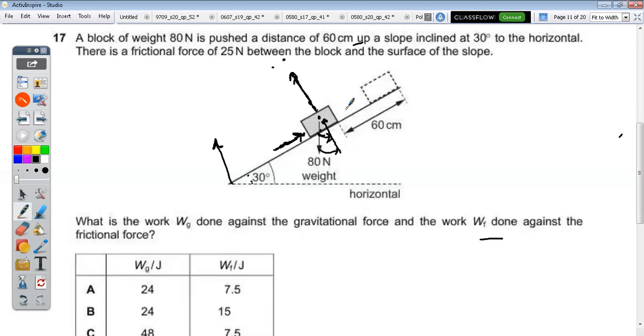Now, because we're talking of the frictional force, what is the frictional force against the gravity? Maybe if we can put it that way.